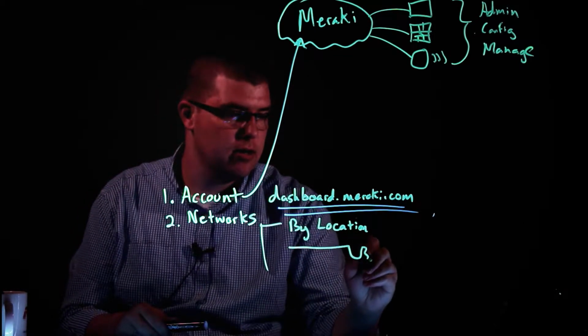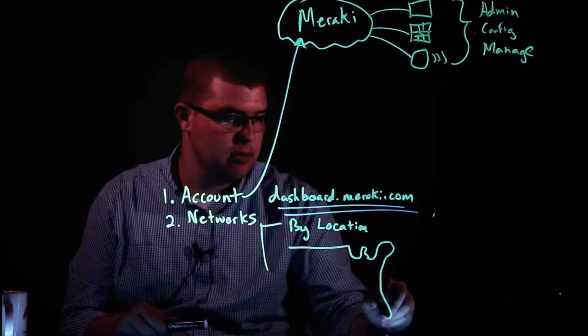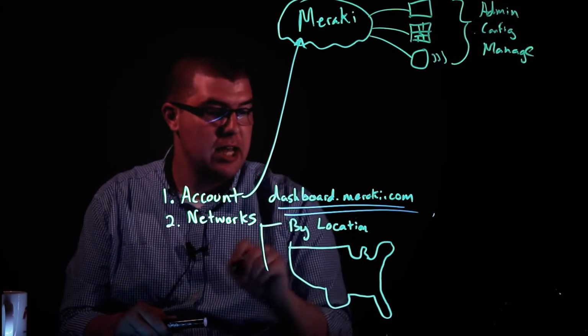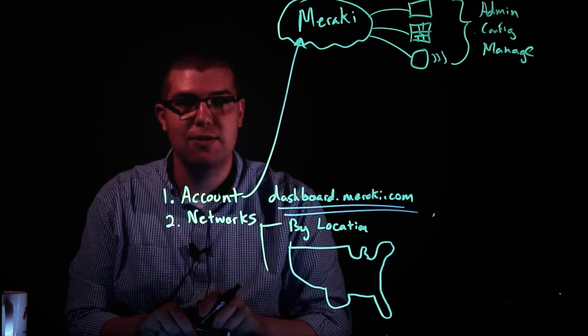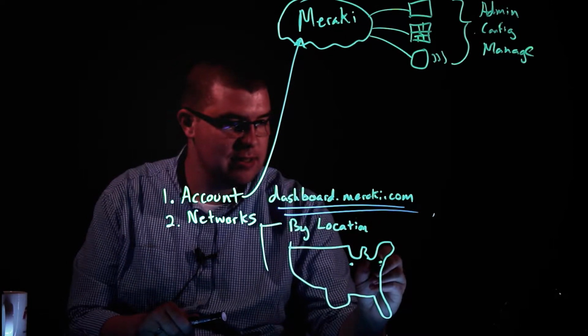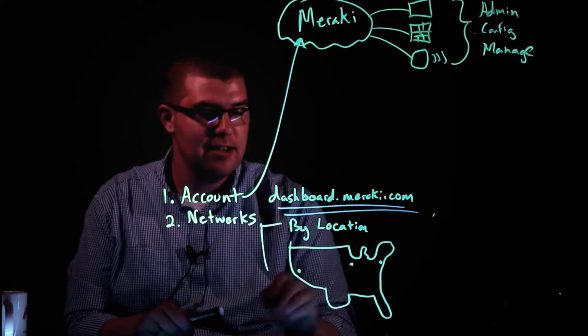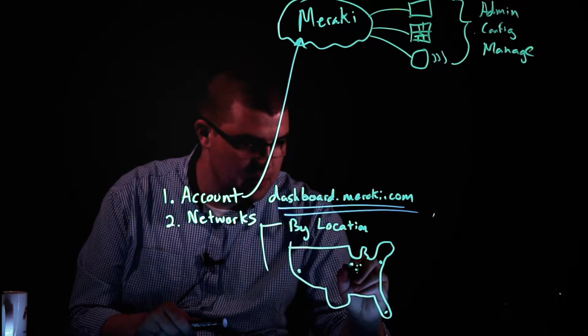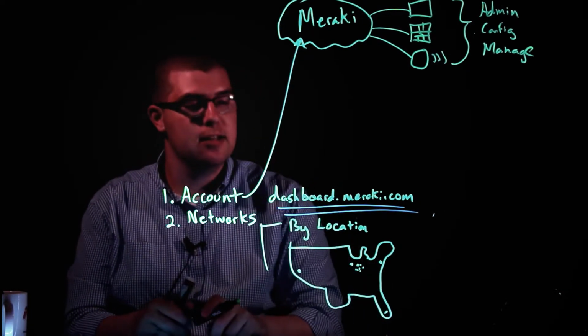You go in here and they'll have, well, this is going to limit my geographical drawing powers, they'll have a map of the United States. And you'll say, you know what, I got a Chicago office, I got a New York office, I got a San Francisco office, I got a Miami office, or maybe it's just a bunch of offices here in Indiana.